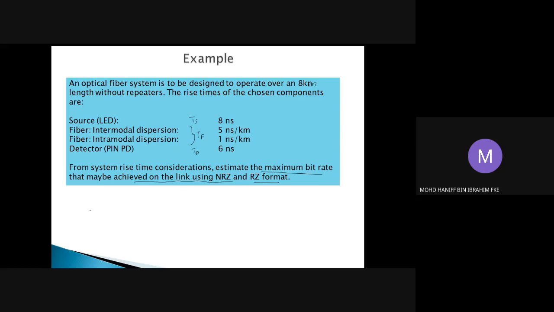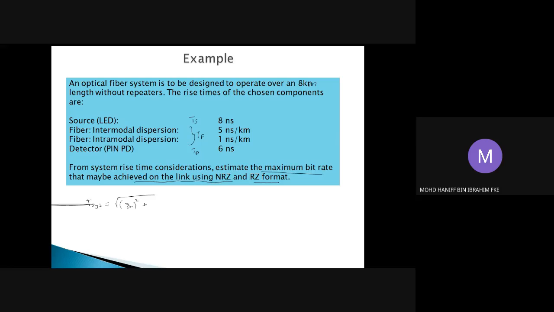From what we have done in the previous slide, the total rise time shall be equal to the square root of 8 nanoseconds squared, which is the rise time of the LED, plus the rise time due to the dispersion.